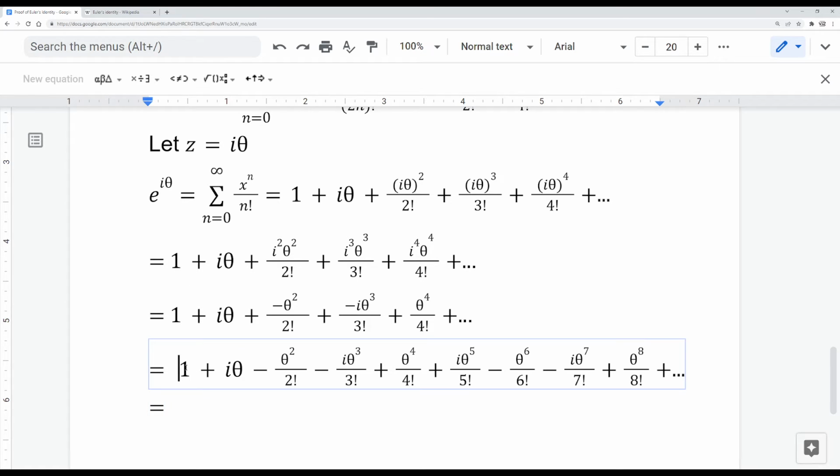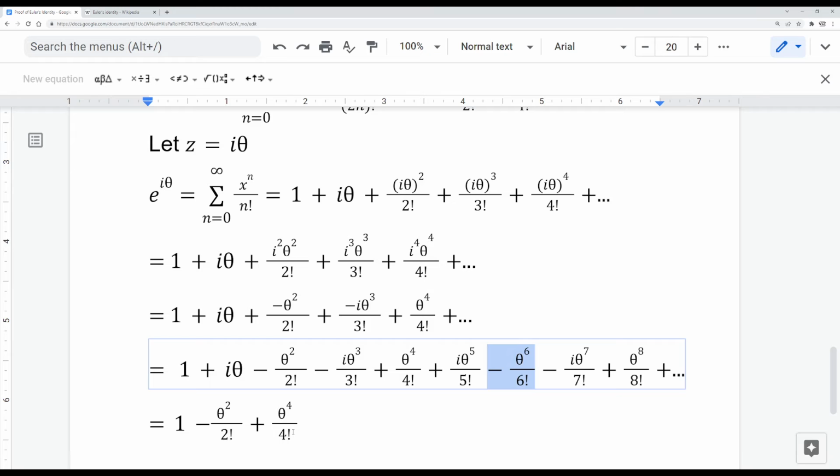But 1, does 1 have an i next to it? Nope. So we just write 1 plus, or minus, since the next thing that doesn't have an i term is this. The next thing that doesn't have an i term, because this has an i term, so this doesn't, is this. What's the next thing?